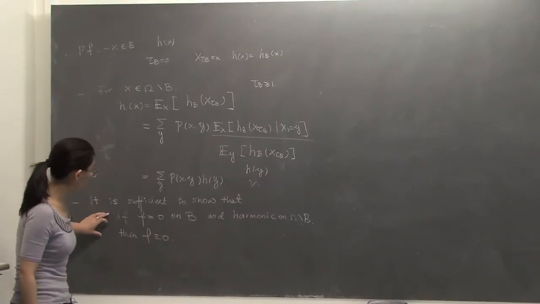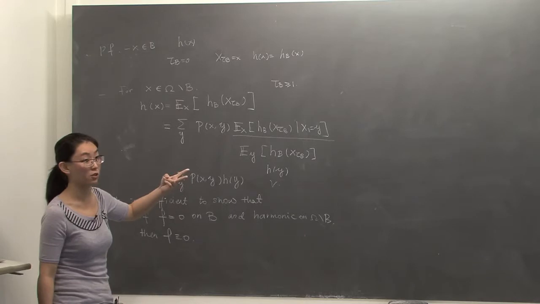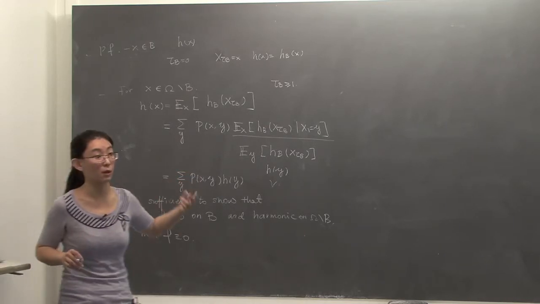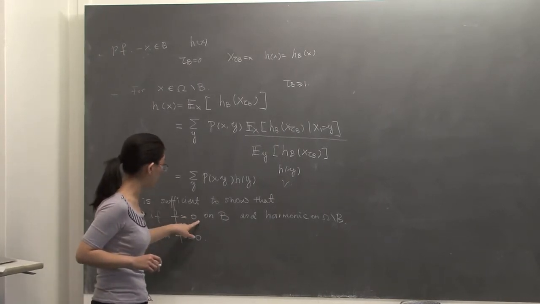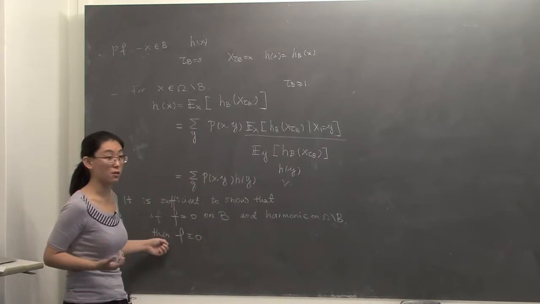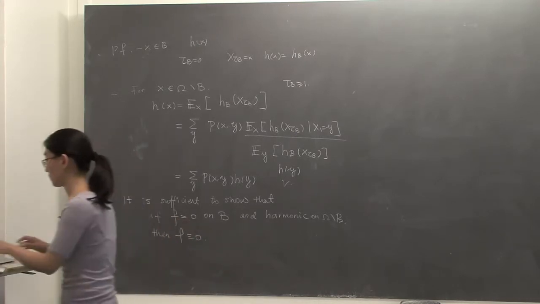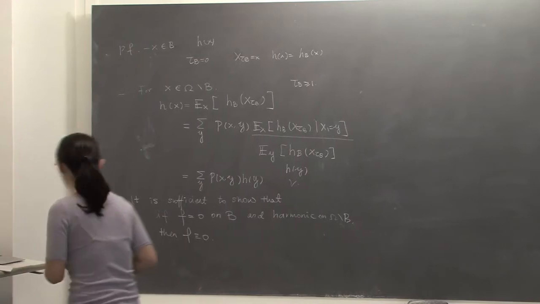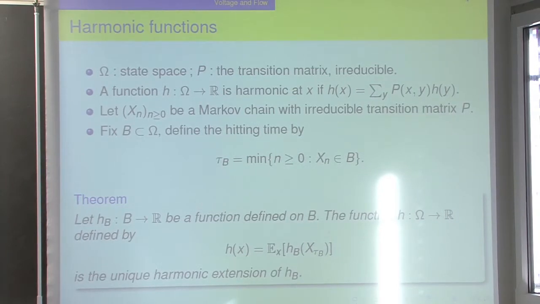It is sufficient to show this because if there are two harmonic extensions, we can take the difference between them, and the difference satisfies this relation. So the difference is 0 on B and harmonic outside B, and from this argument, the difference is 0 everywhere. So the two extensions have to be the same. Okay, so it is sufficient to show that for a function f, if it is 0 on B and harmonic outside B, it has to be constantly 0.